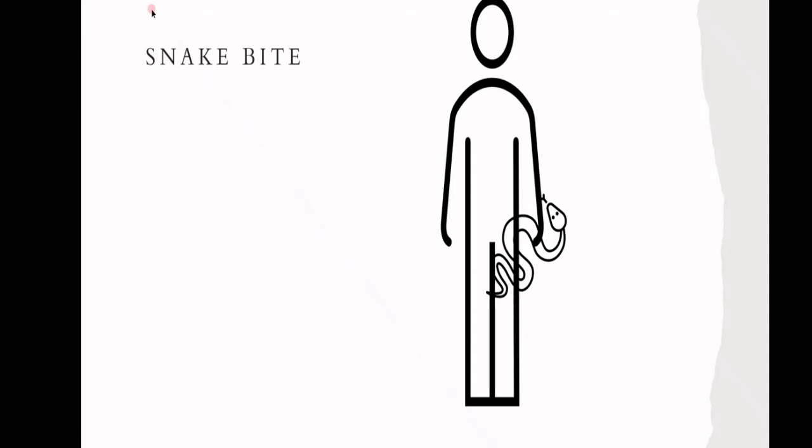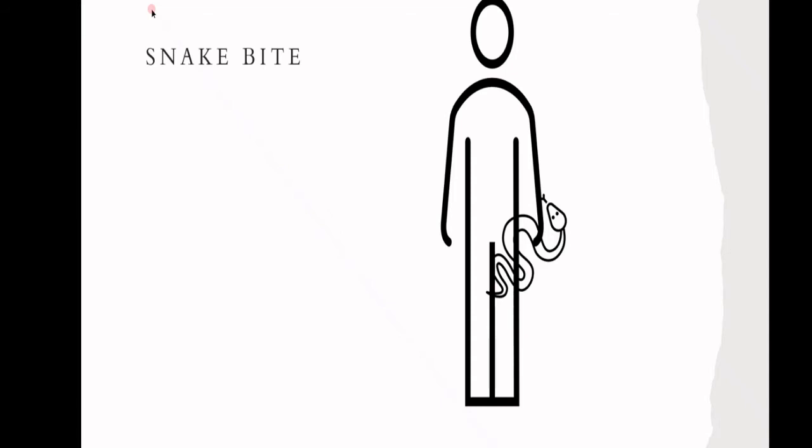What should you do next? Take a cloth or a bandage and tie it very tightly around the affected area. Why? To stop the flow of venom. Venom can flow through the veins and cause serious problems.